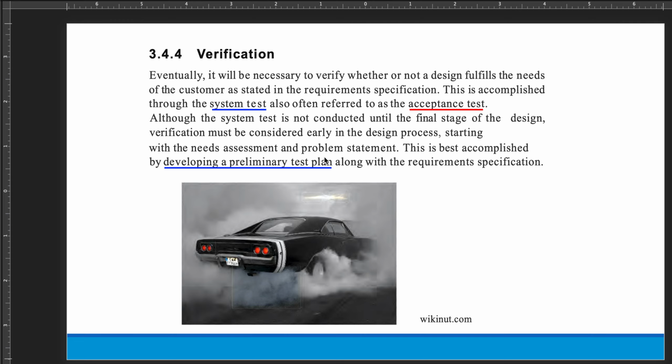This is accomplished through a system test, often referred to as the acceptance test. So basically it says this: are your tires good? Well, let's see how good they are. We're going to run them and see how long they can last under stringent considerations.